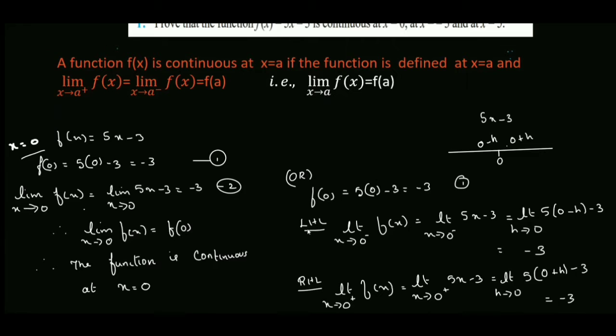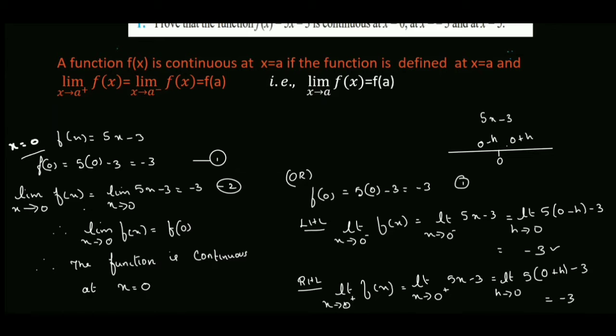Now how do you find the left hand limit? x tends to 0 minus. 0 minus means left of 0. So if I want to find the left limit, I replace x by 0 minus h. So when I put 0 minus h, you get 5 into 0 minus h minus 3. When I put h is 0, you get minus 3 as the answer.